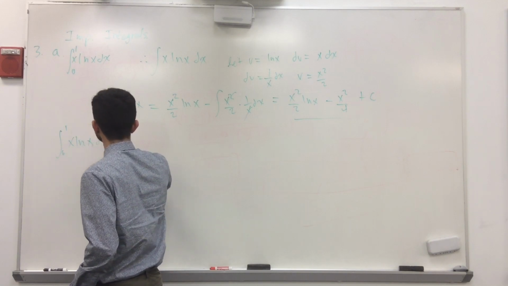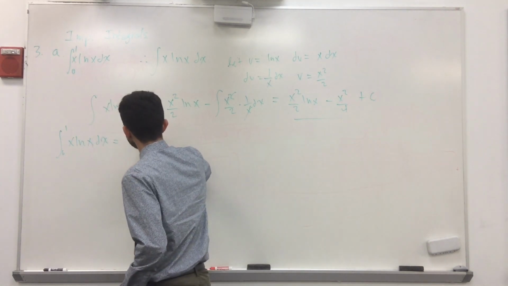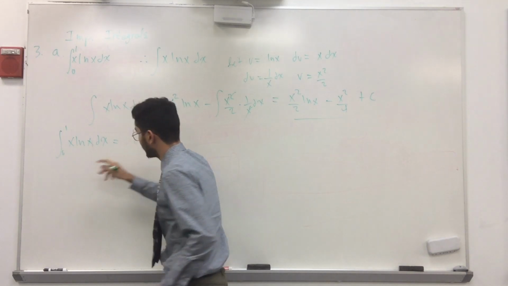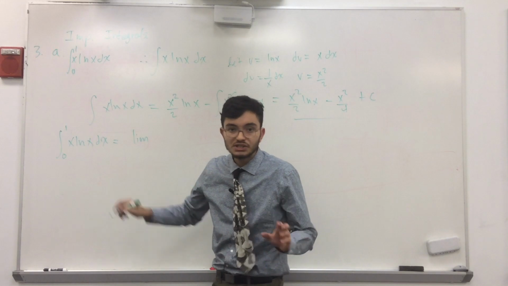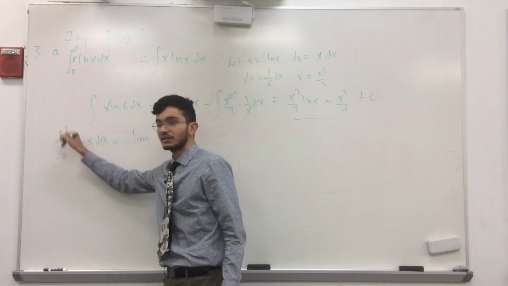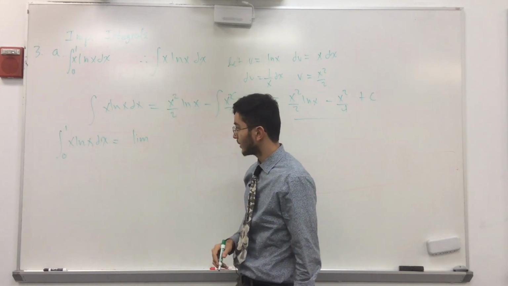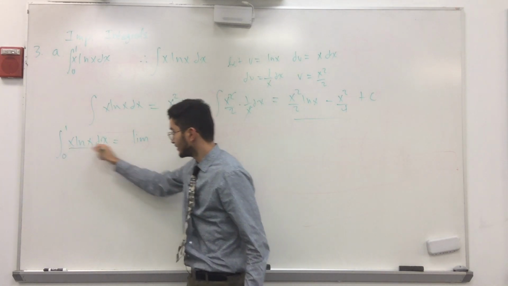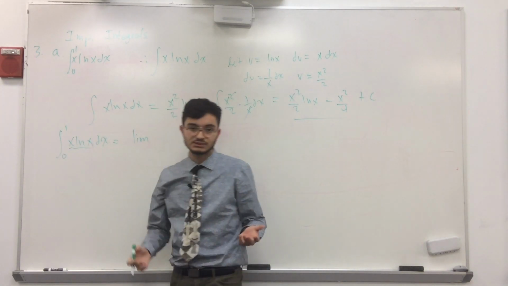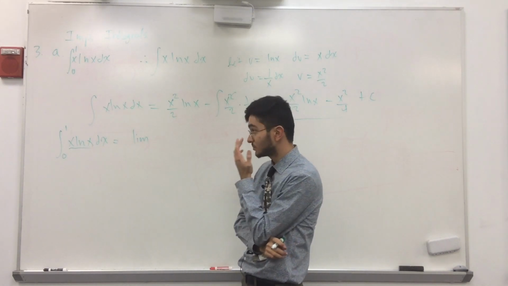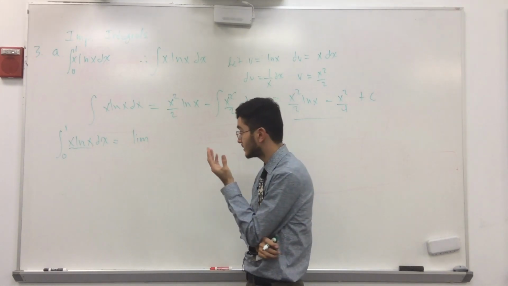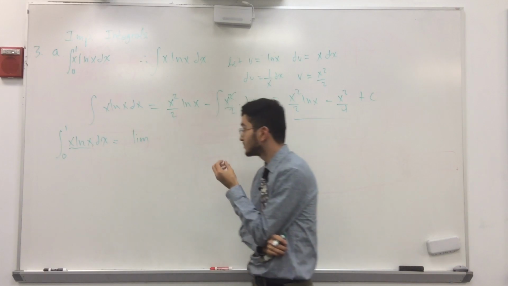Over here we have to find out for which bound, the lower or the upper, this function is undefined. Of course, ln of 0 does not exist, or well, the limit as x goes to 0 is negative infinity, so it's not determined at that point.